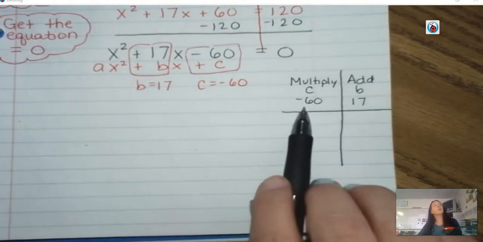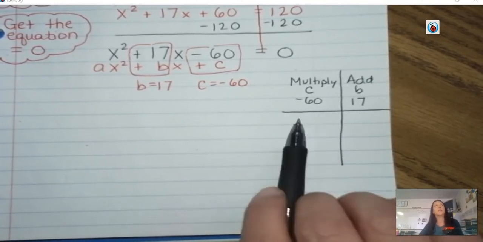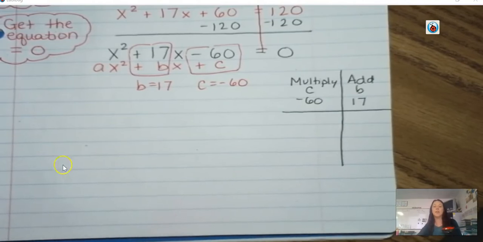If they multiply to a negative, one of the factors is going to be negative. Take a minute and start listing out things that multiply to be 60, and keep going until you figure out which two numbers will add to be 17 also.